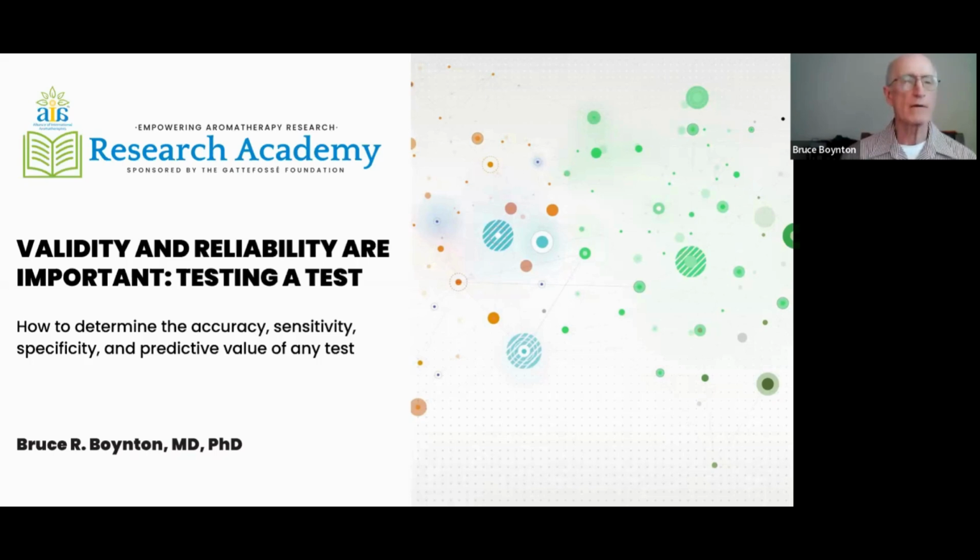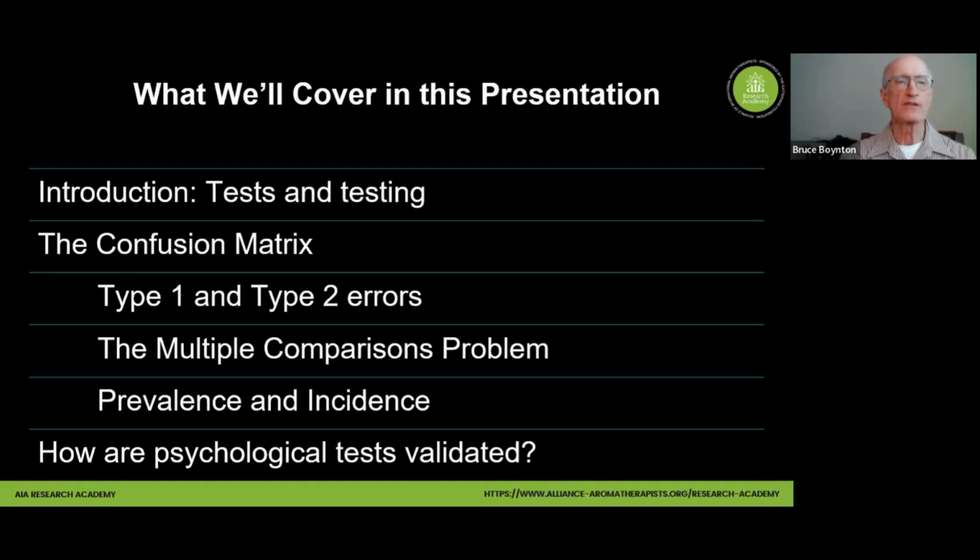We're going to be talking about tests today. We live in a world of tests. I'm going to talk a little bit about testing, and then get into something called the confusion matrix.